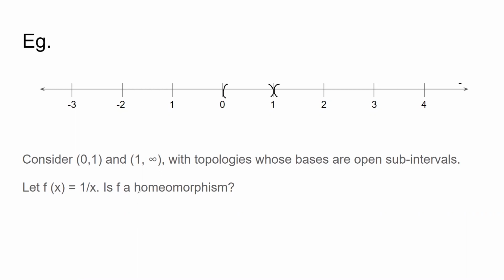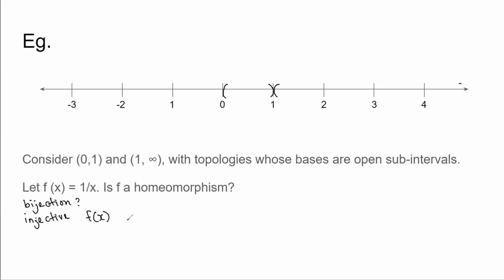Well, in order to figure that out, I need to check three things, right? So the first one is, is it a bijection? Well, what I need to make sure is that it's injective and that it's surjective. So injective means that every element in (0, 1) gets mapped to a unique element in (1, infinity). So let's say I have two images, f of x and f of y, and that these are equal.